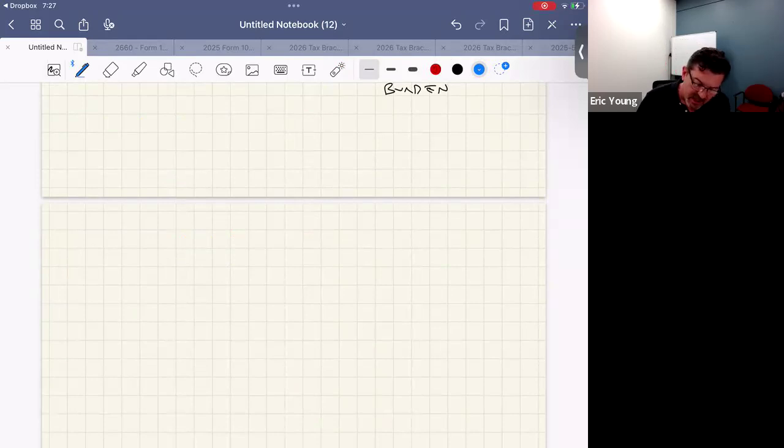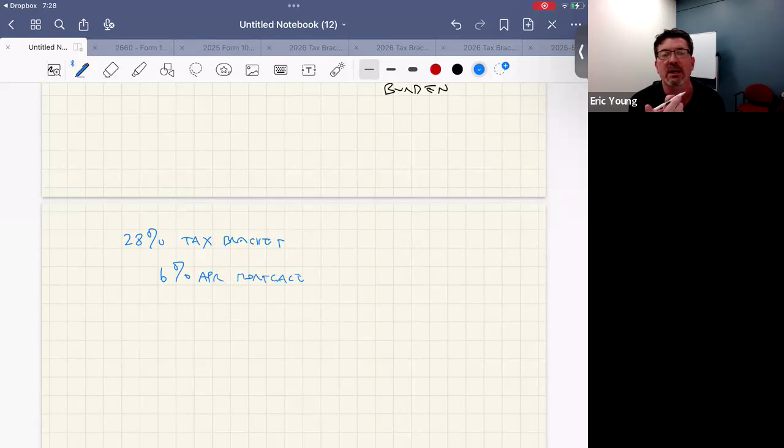Let's just say you're in the 28% tax bracket, and let's say that you have a mortgage that charges a 6% APR. Now, we just learned that having a mortgage leads to a tax deduction. And if you have a tax deduction, you reduce your taxable income.